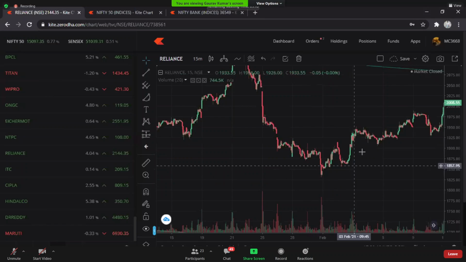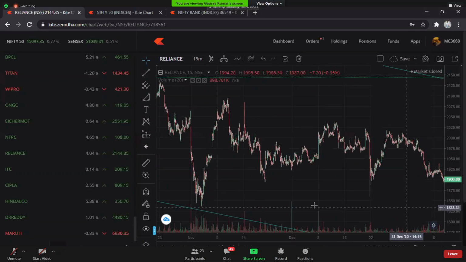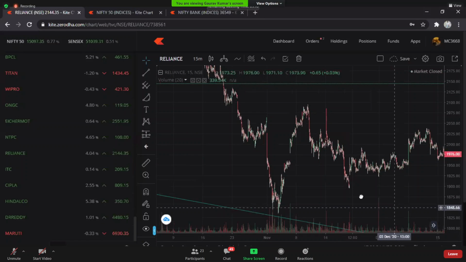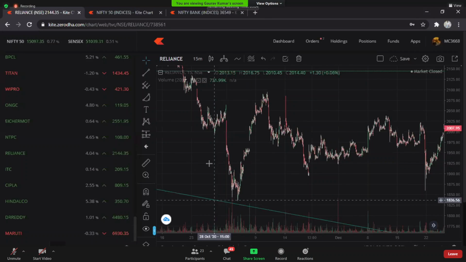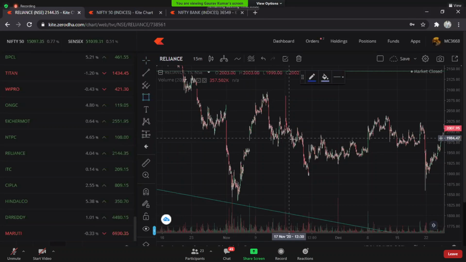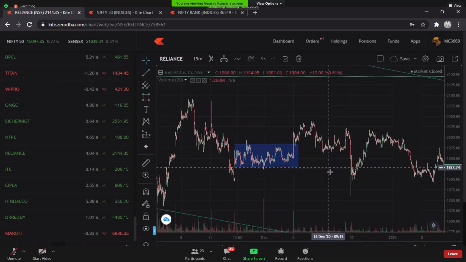This is some kind of a double bottom, not actually a double bottom, but some kind of a double bottom. This is a horizontal channel, upside breakout.